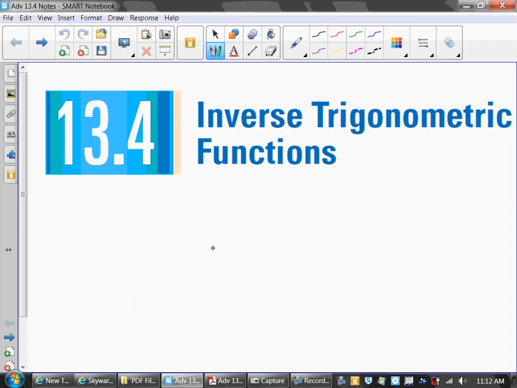4. Working backwards. It is basically the exact same thing we did in reverse. Okay? It's going to be the exact same stuff in reverse.